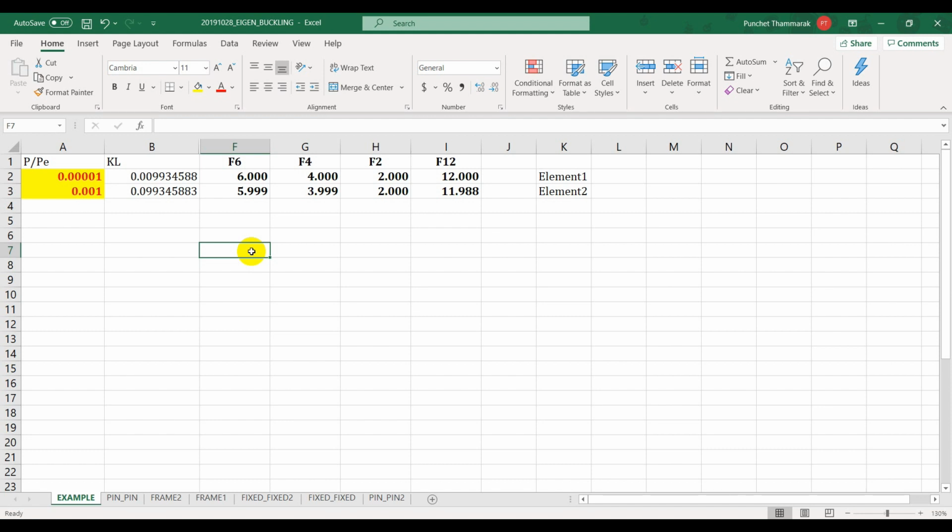If we set up the local coordinate pointing downwards, we will have the first two degrees of freedom, transverse displacement and rotation, which are non-zero. So the first is 12 EI, then 6 EI, 6 EI, and the last is 4 EI.